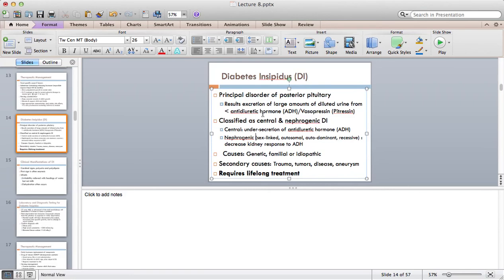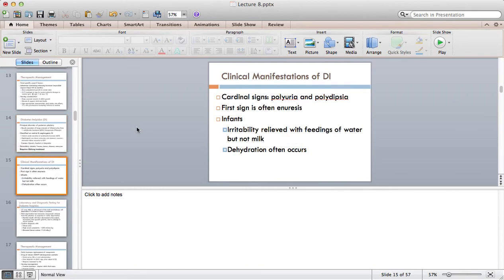The urine is not concentrated enough, it's very diluted. So the kidney loses a lot of fluid.